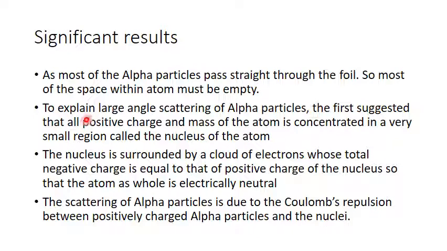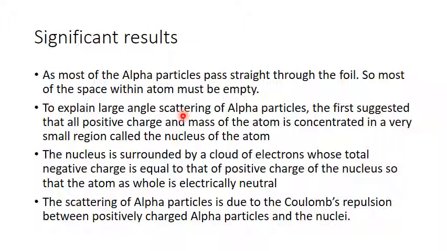To explain the large angle scattering of alpha particles, they suggested that all the positive charge and the mass of the atom is concentrated in a very small region called the nucleus of the atom. As we have seen, some of the alpha particles underwent small scattering, and some of them underwent large angle scattering.